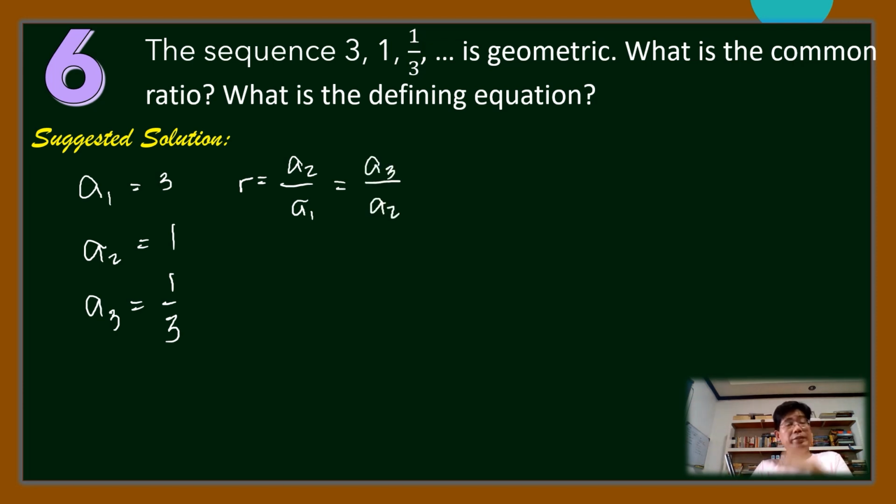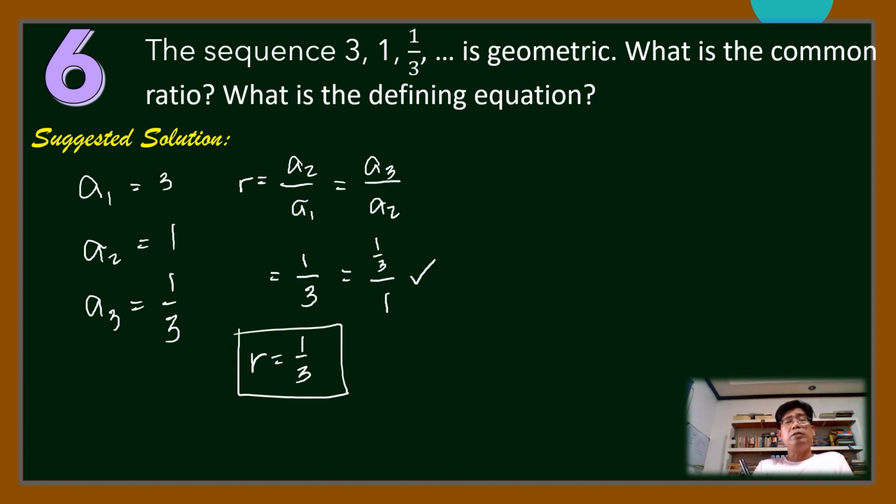If they are the same, then this is the common ratio. So we have a sub 2 is 1, a sub 1 is 3, then the common ratio is 1/3. Let us check by looking at the quotient between a sub 3 and a sub 2. That's 1/3 over 1. These two are equal, therefore the common ratio is 1/3.